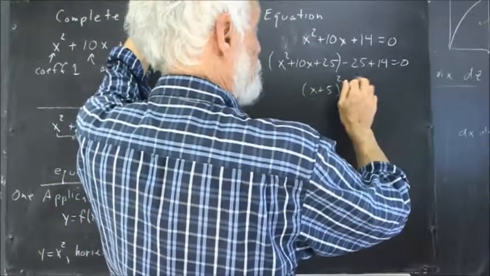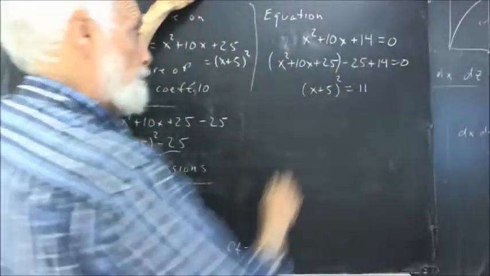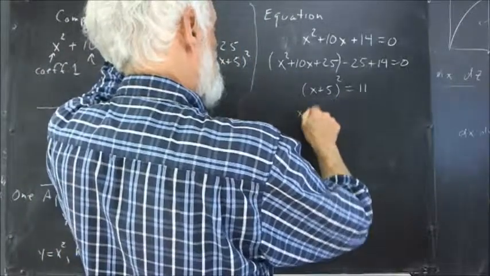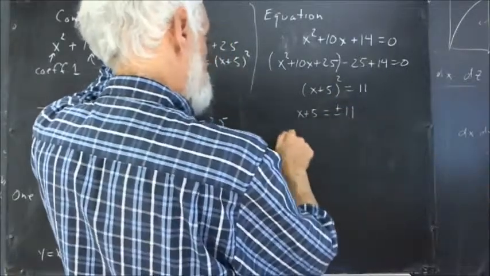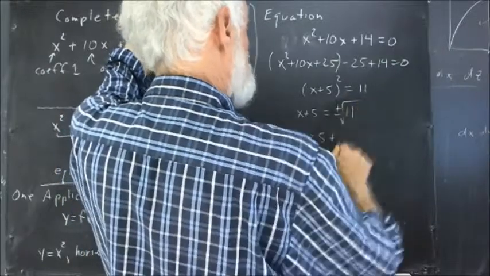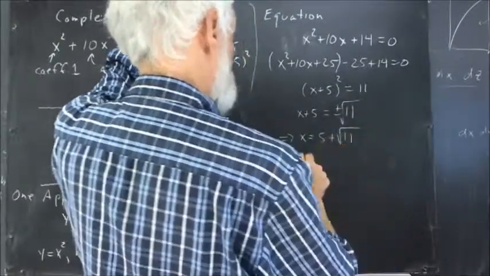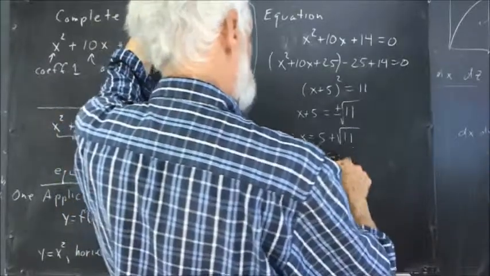Negative 25 and 14 is negative 11. Put that on the other side, it's 11, so that we get x plus 5 equals plus or minus the square root of 11, which implies x equals negative 5 plus the square root of 11, or x equals negative 5 minus the square root of 11.